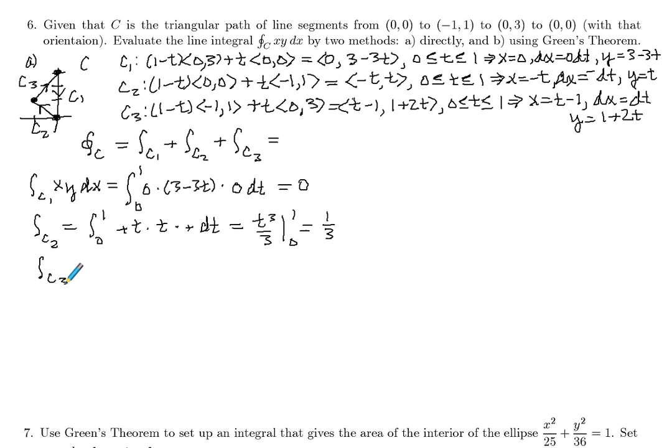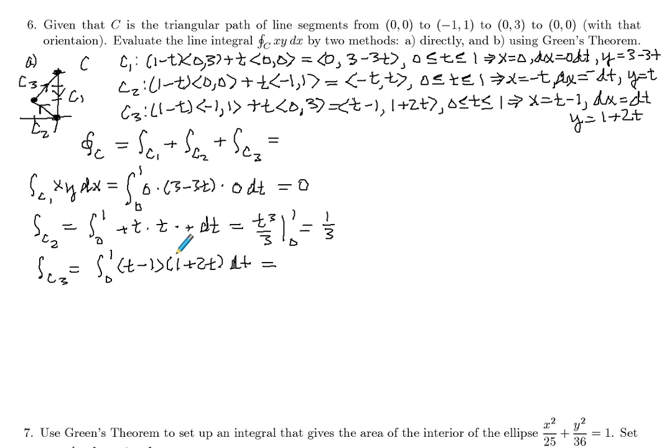Integral along C3 now. It's going to be, again, the integral from 0 to 1, because we're still 0 to 1 here. xy is going to be t minus 1 times 1 plus 2t, and then dx is just dt. So we just FOIL this out.